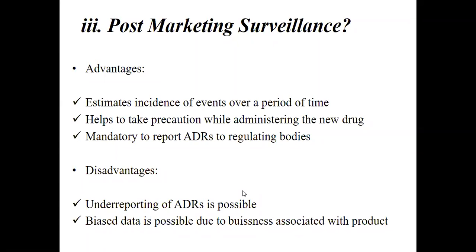So they try to manipulate the data, and the manipulated data is going to be biased for the regulatory authorities, because of the market and also business. So this is about post-marketing surveillance.